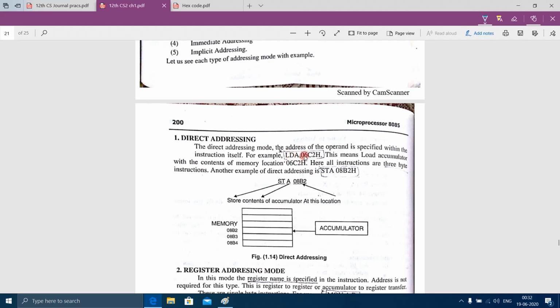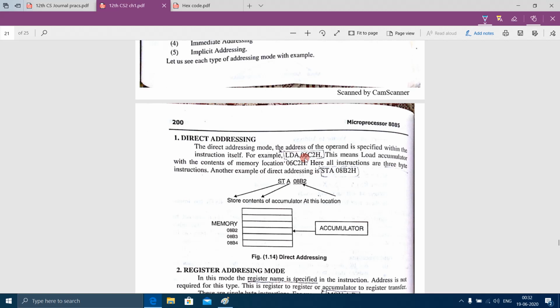I hope you remember the meaning of this instruction, LDA 06C2H. That means load the accumulator with the contents of memory location 06C2H. Just assume that at location 06C2H, 05 is stored. So 05 will be copied into the accumulator. So the address of the operand is specified in the instruction itself.